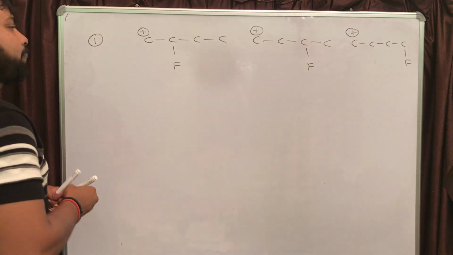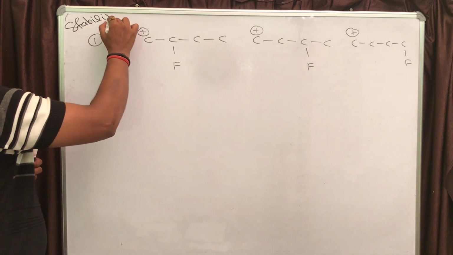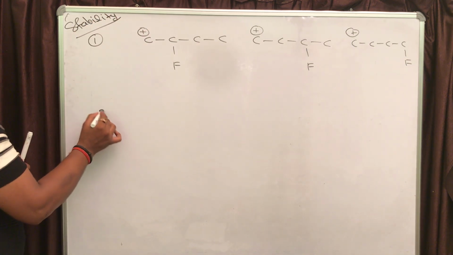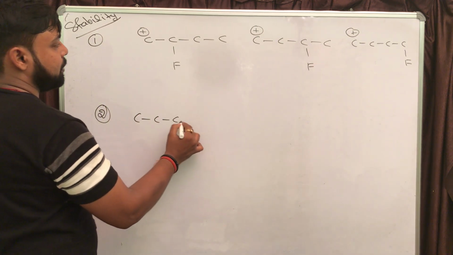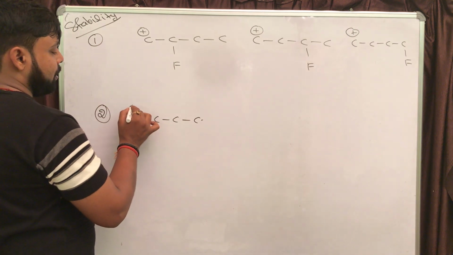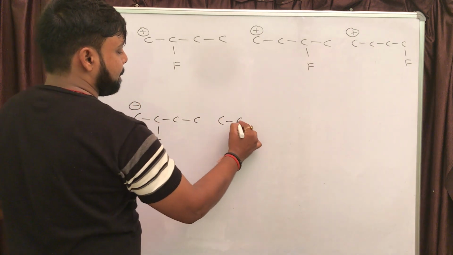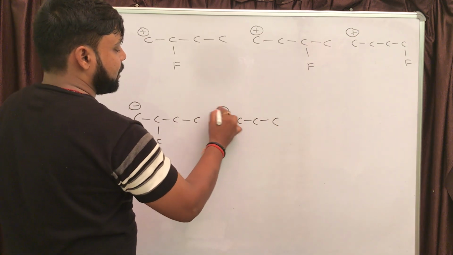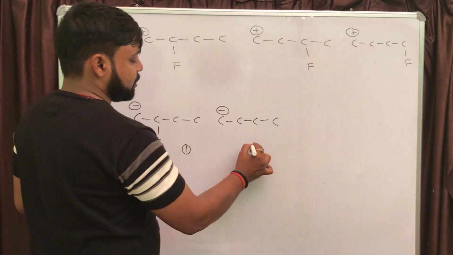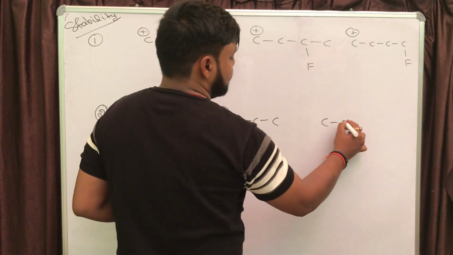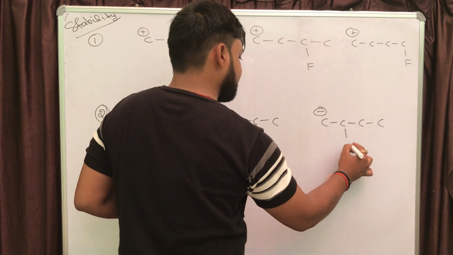The first one, we need to find the order of stability of cation, right? Second one, let's say I have negative charge, fluorine, negative charge, the first one, second one, third one is negative charge with 1 CH3.